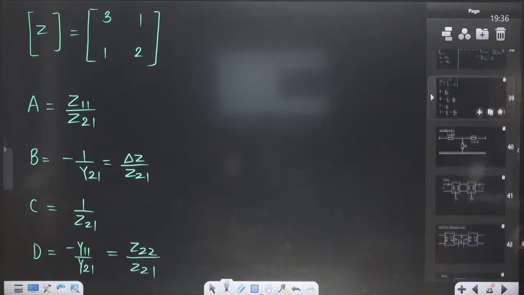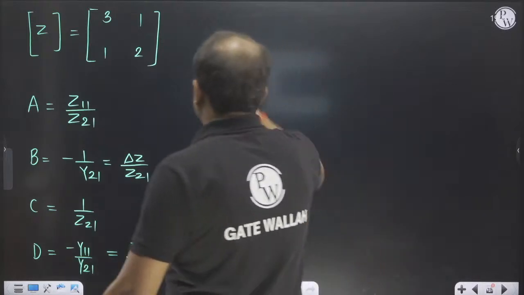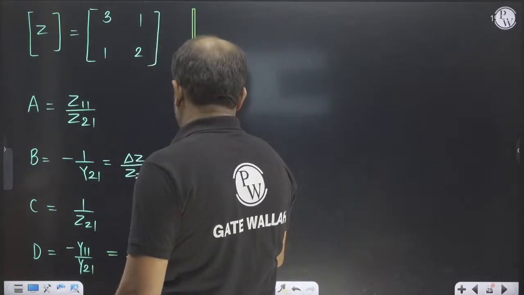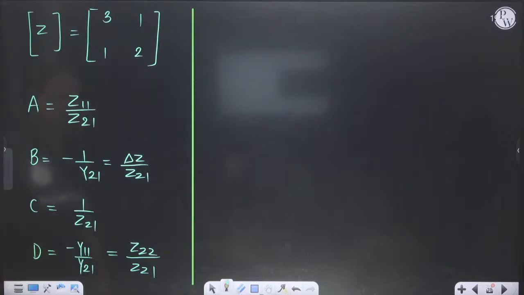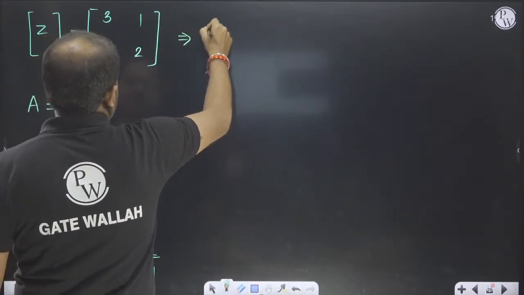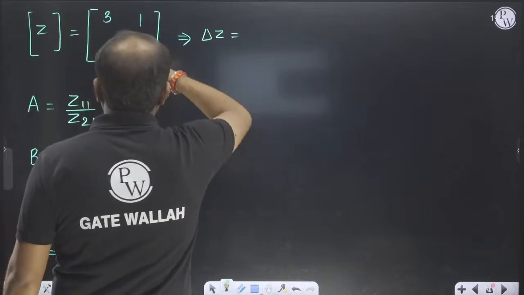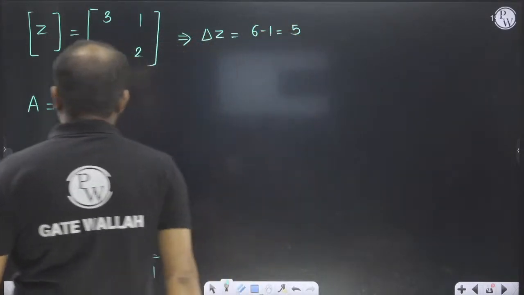Then what will I do? Nothing. Then I will go through the questions. Here our delta Z is 3 times 2 is 6 minus 1, so 5.